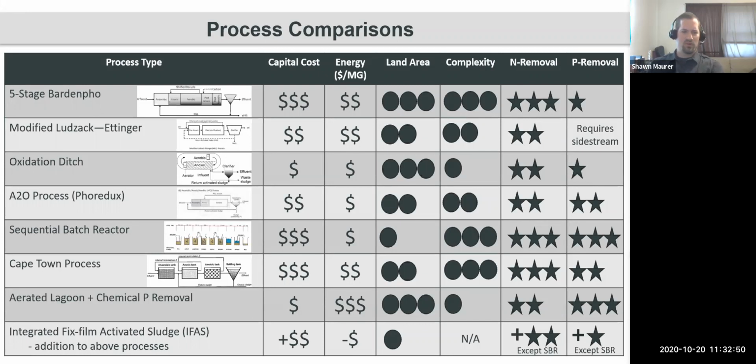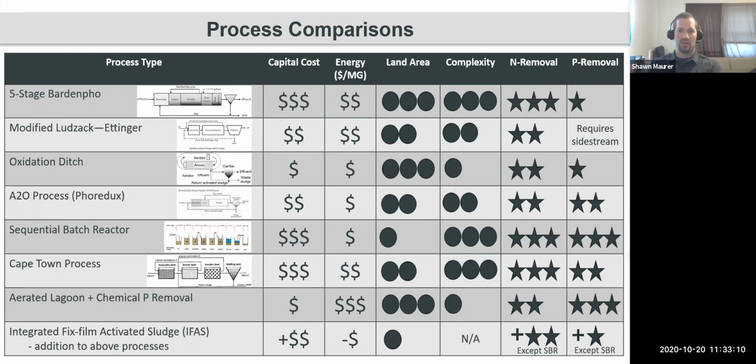And one of the things we wanted to point out is for the lagoon operators out there, you can use chemical addition to get very good phosphorus removal with some minor modifications to your existing lagoons as far as breaking up into separate basins within an existing lagoon. You can get pretty decent nitrogen removal.